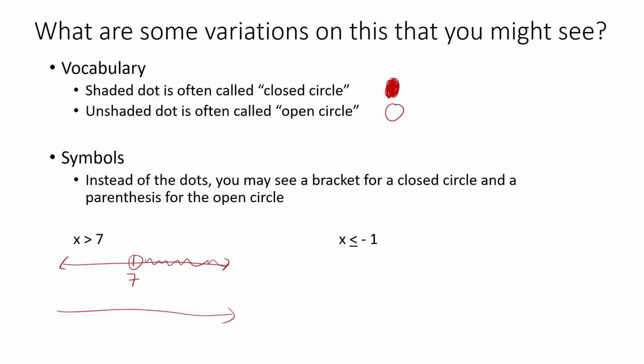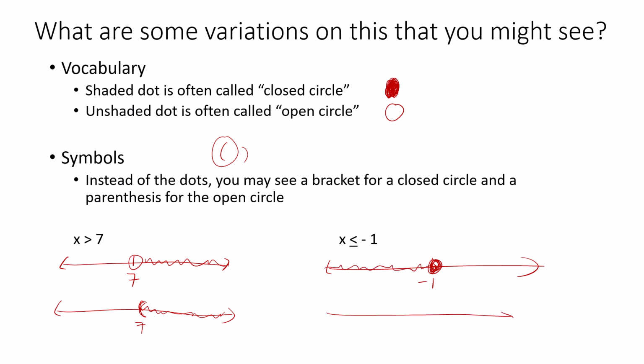But I have seen this where there is a parenthesis right there instead. Then x is less than or equal to -1. We would use the closed circle there. And it's less than, so we're shading to the left.